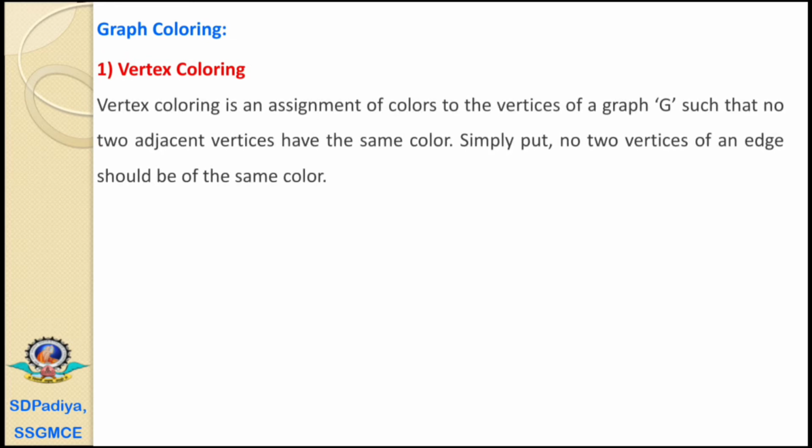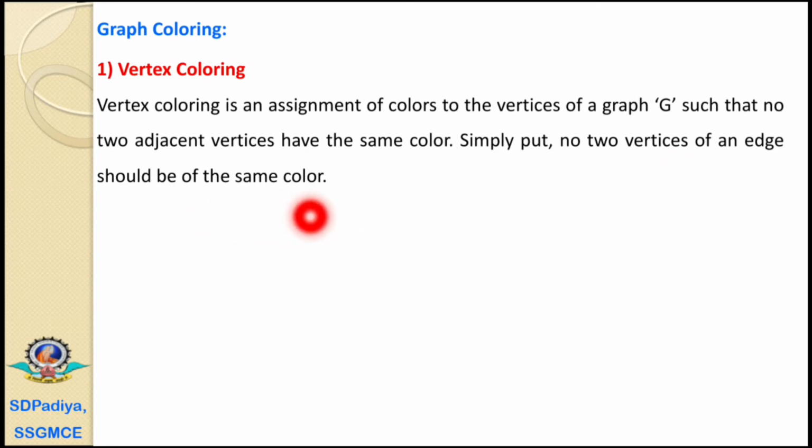Now we'll see the first type of coloring, that is vertex coloring. The vertex coloring is an assignment of colors to the vertices of a graph G such that no two adjacent vertices have the same color. Simply put, no two vertices of an edge should be of the same color.